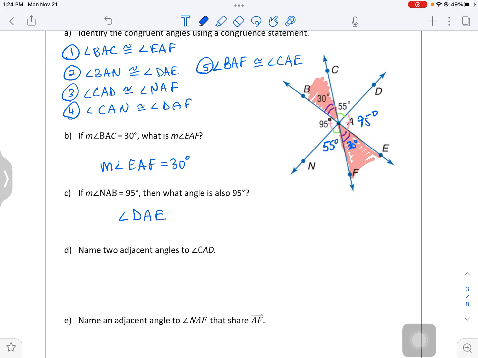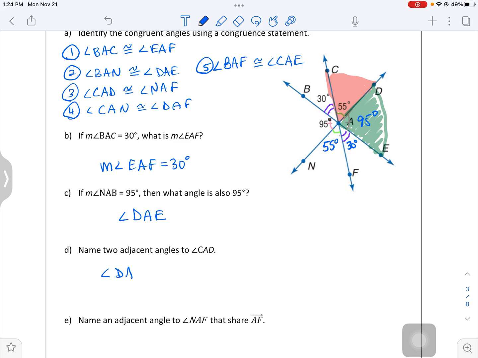Name 2 adjacent angles to CAD. So let's find CAD. CAD is right here. Remember, adjacent just means next to. They have to have one line or ray that they share. So one angle that's next to it is DAE. These two are next to each other. So name 2 adjacent angles to CAD.